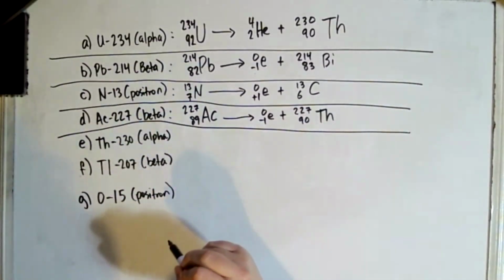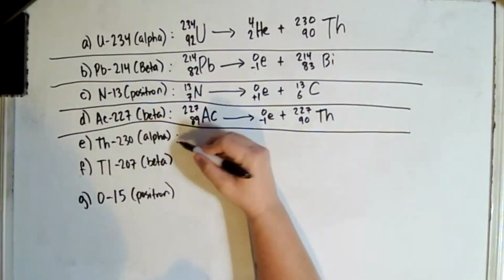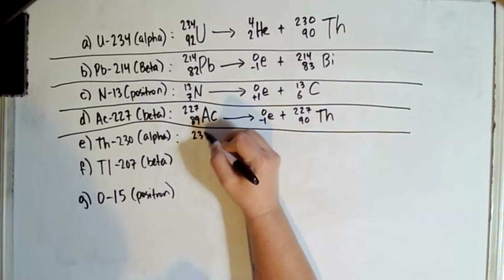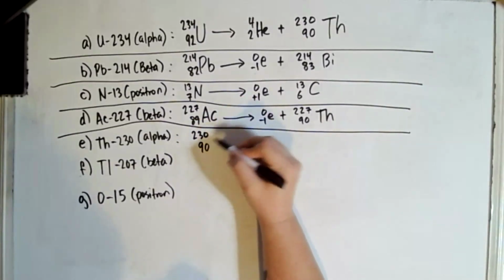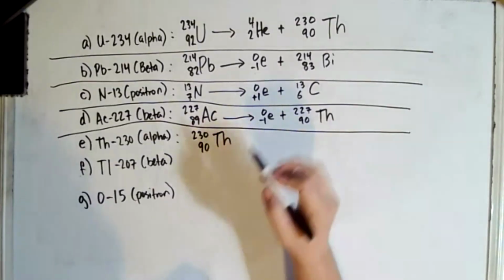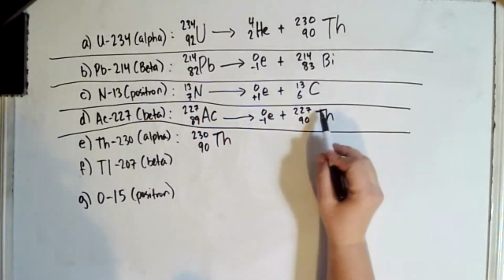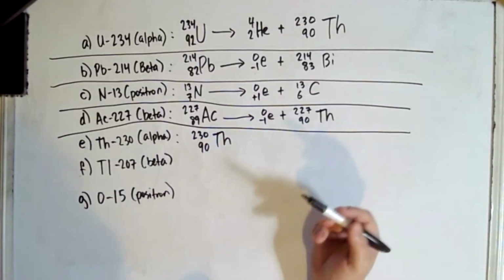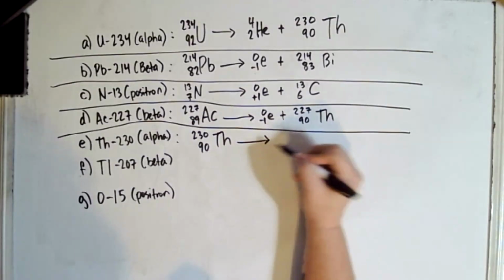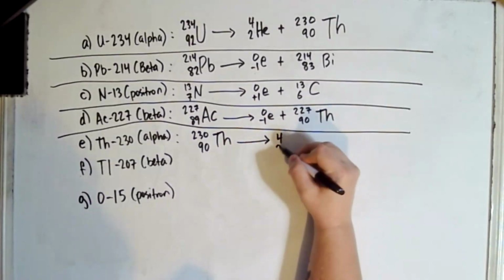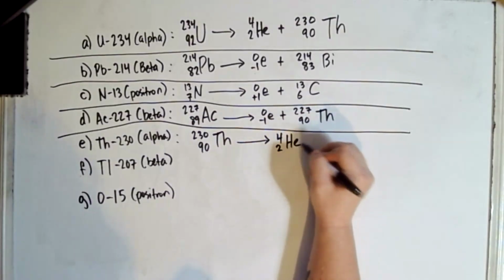And then we have thorium-230 undergoing alpha decay. So we put a 230 up here. Thorium's number 90 on your periodic table. You notice both of these are thorium, but they have different mass numbers because they have different numbers of neutrons in them. So this time we're looking at alpha decay, so it's going to be giving up an alpha particle.